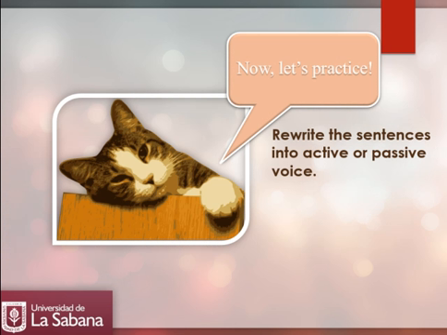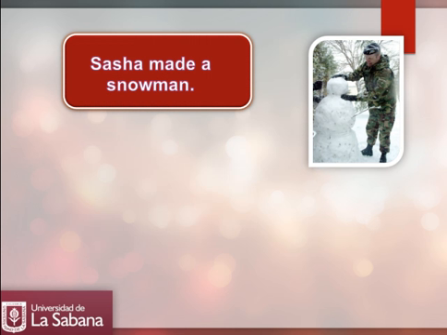Okay, now let's try to put it into practice and let's see how well you've got it. Pause the video if you need more time and rewind the video if you need to review some aspects. I will give you a sentence and you will need to transform it into the passive voice. So ready? Let's try it. Sasha made a snowman.